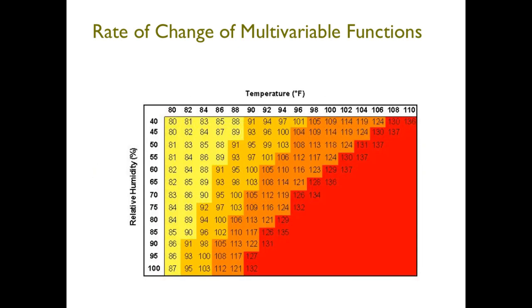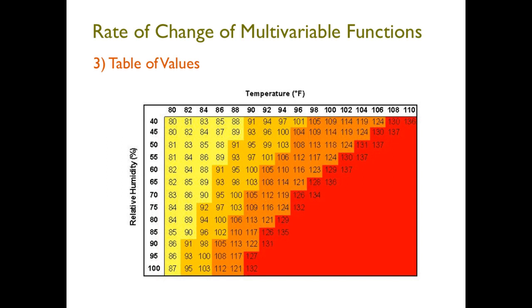All right, so table. Looks like summer, huh? So what is this? The temperature index, right? Temperature index is how hot it feels at a particular temperature and humidity. Okay, so table of values.